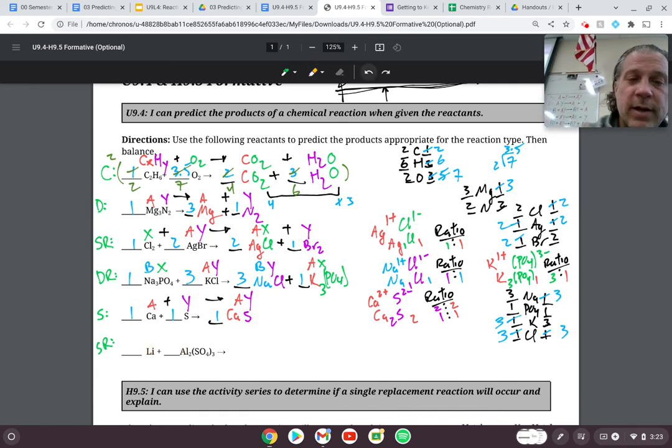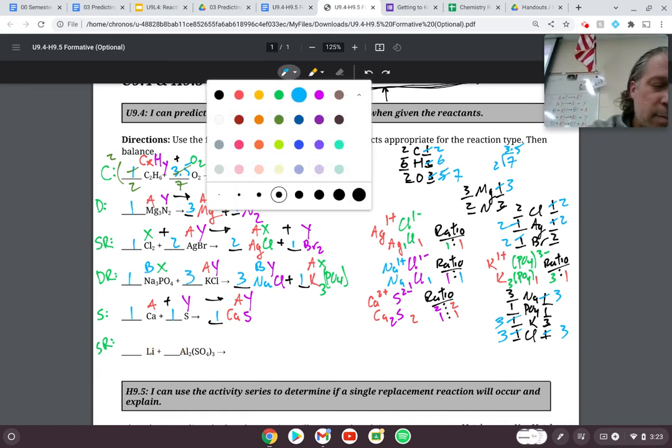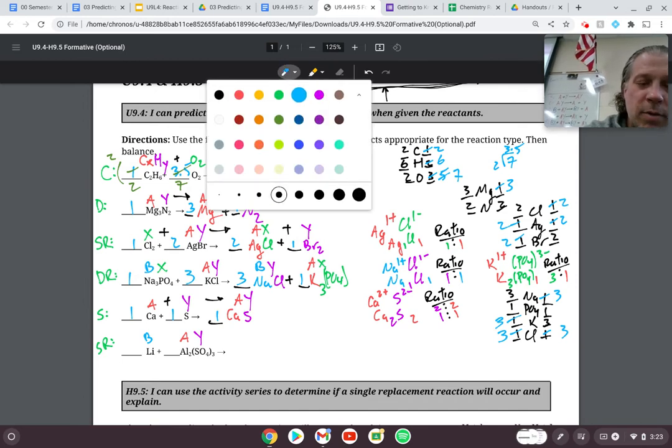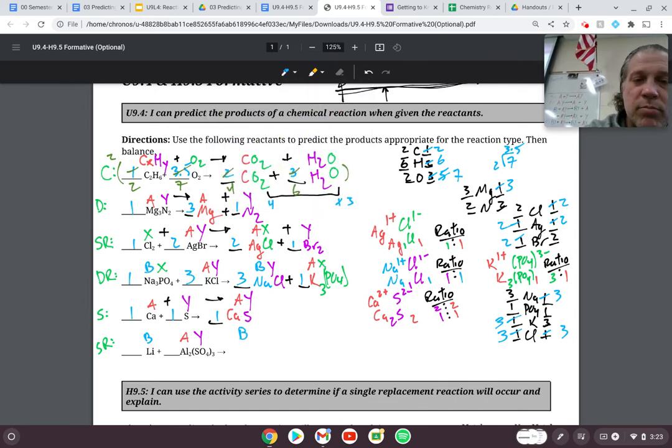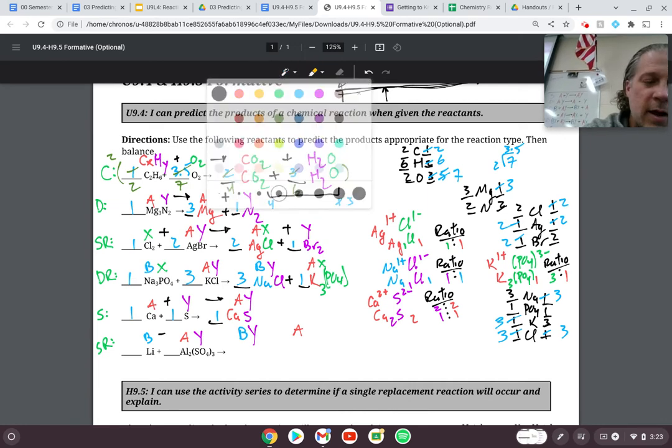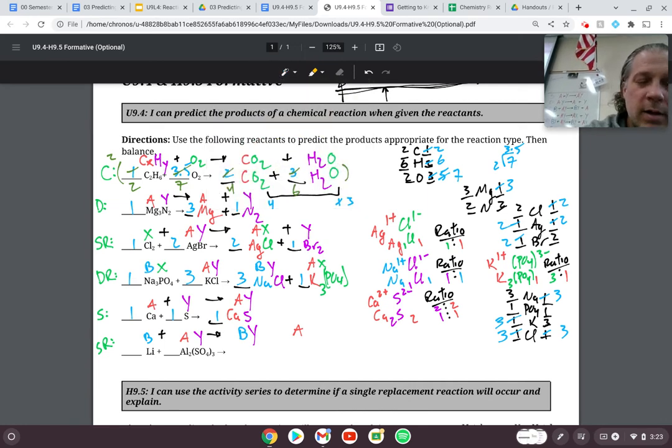So in this one, I'm going to have a metal try to replace another metal in a compound. Okay, so on the product side, I will have B reacting with Y to have A left over. So in this instance here, I have B plus AY makes BY plus A.